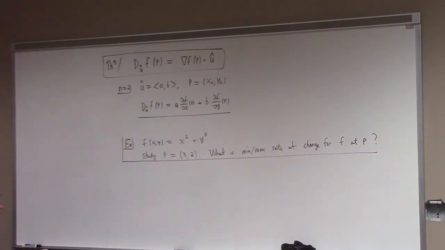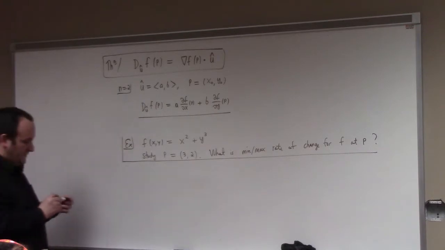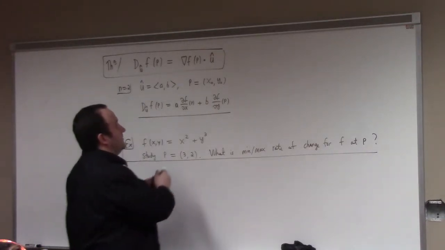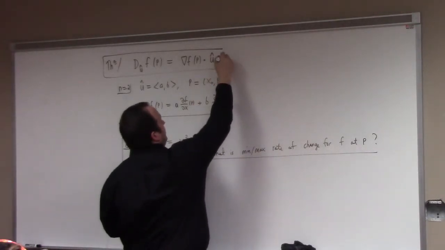So I've changed it up a little bit. Last class I was saying, here's a given direction, calculate the rate of change. We defined that. Now I'm opening up a new can of worms. I'm saying, what if we think of (a, b) as variable? What (a, b) makes the rate of change the largest? Right here, this is a dot product.